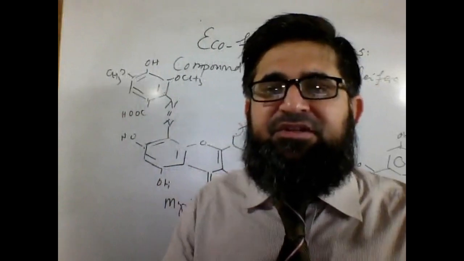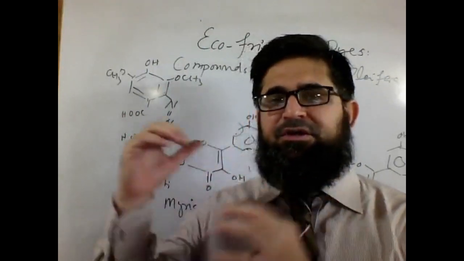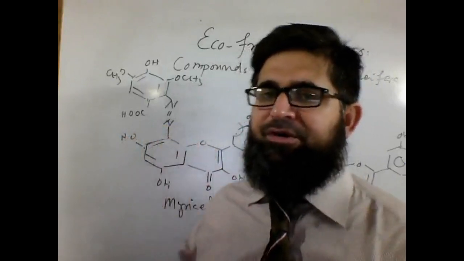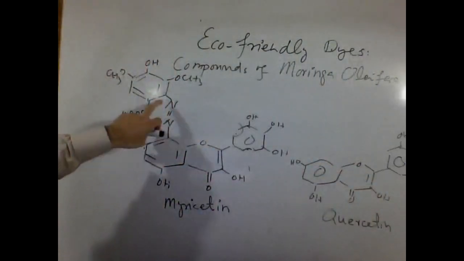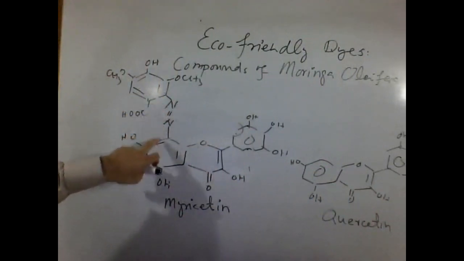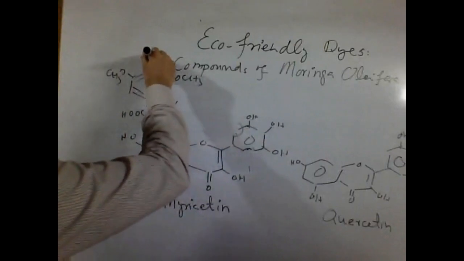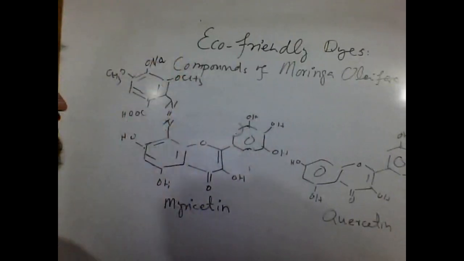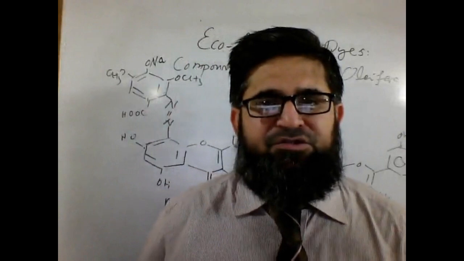Once they couple with each other, they produce the azo compound, after which we can produce some sort of salt on any substituent on any polar group.